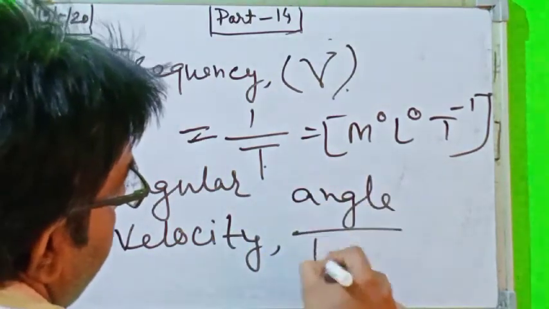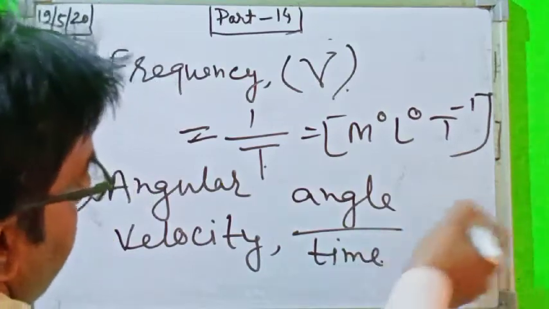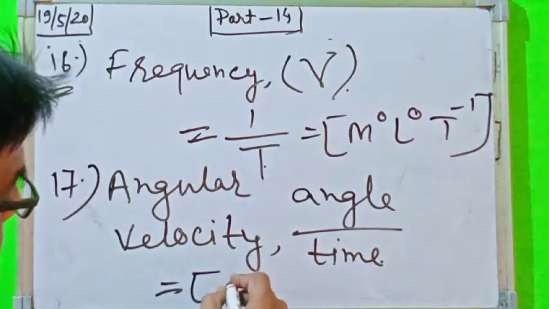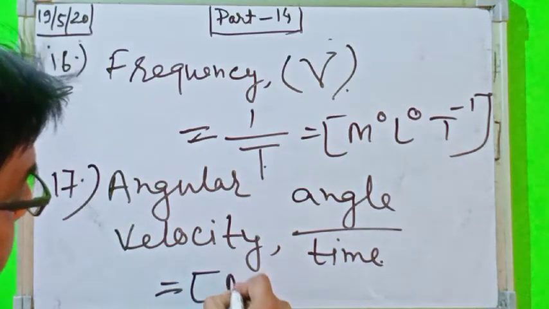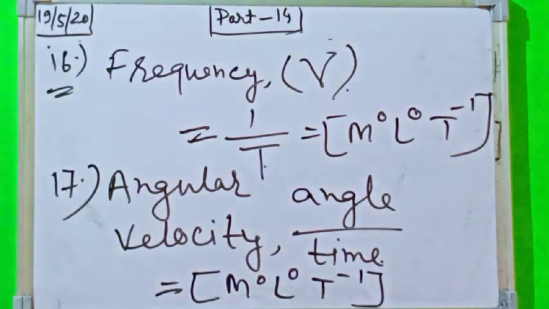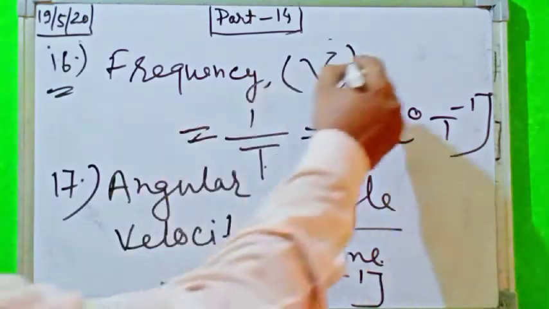As you know, angle is dimensionless, so it will be equal to M0 L0 T^-1. Both frequency and angular velocity have the same dimensional formula.